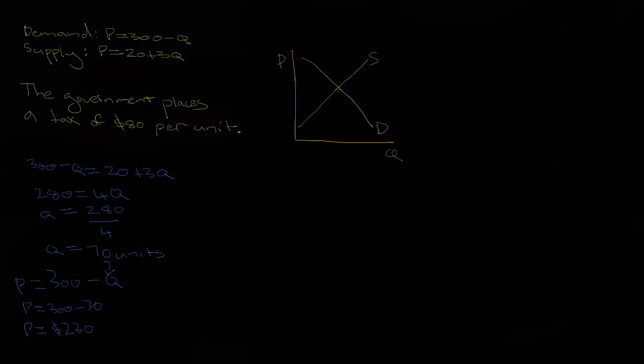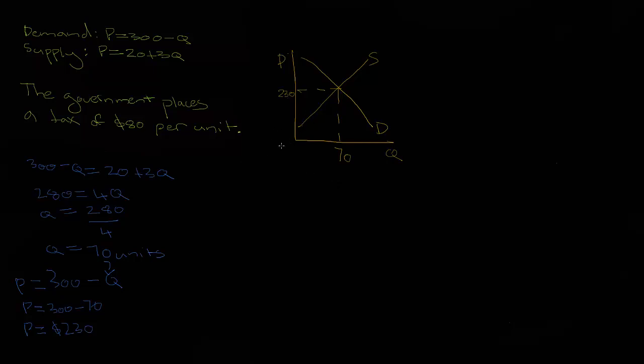So that's the equilibrium point right there. So we've worked out the equilibrium quantity first was 70 units, and the equilibrium price was $230.